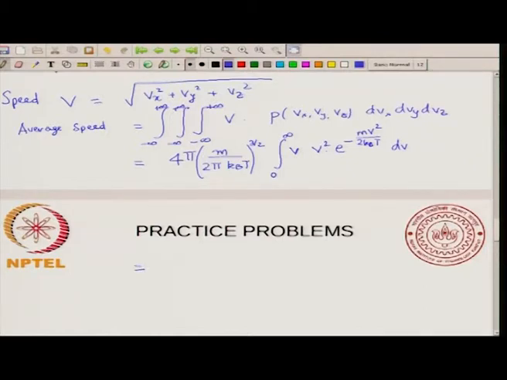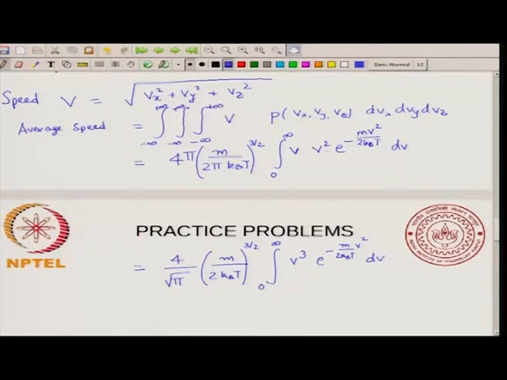I will just write this in a slightly different form. I will take the factor of pi outside, so I will have a pi raised to 3 by 2. I will just write it as 4 divided by square root of pi, and then m by 2 kBT raised to 3 by 2, and what I have is the integral of V cubed e to the minus m by 2 kBT V squared dV from 0 to infinity.